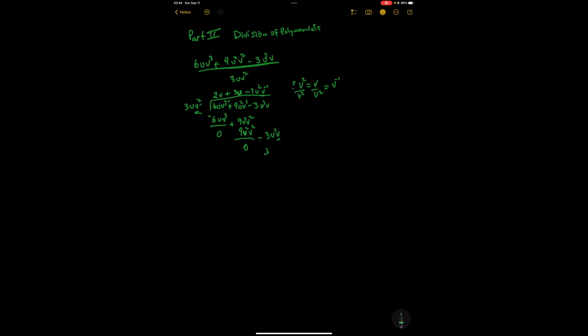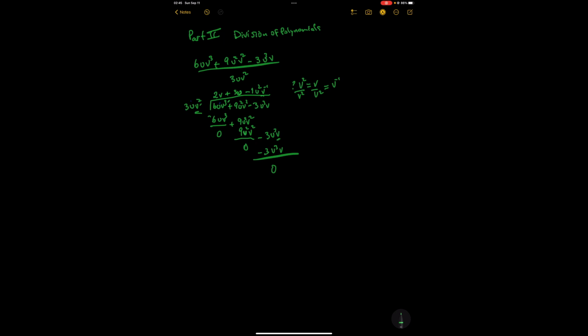U squared times u is equal to u cubed. And v to the negative 1 times v to the power of 2 is equal to v. And that will equal 0. Actually, my bad, that's the negative 2 right here. That is equal to 0. So that's what it would be.